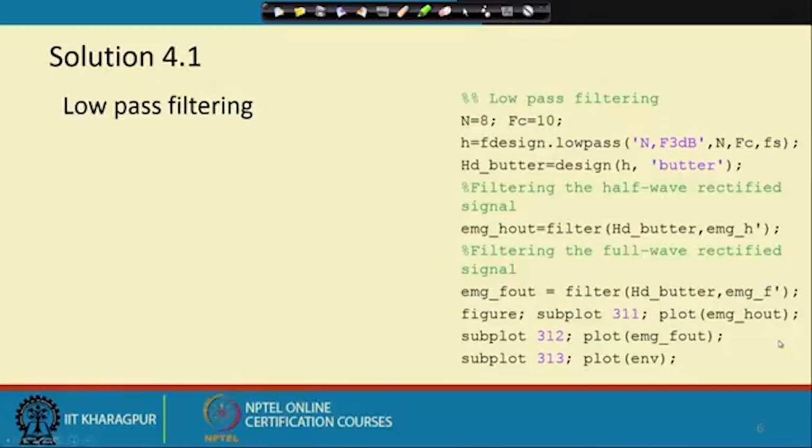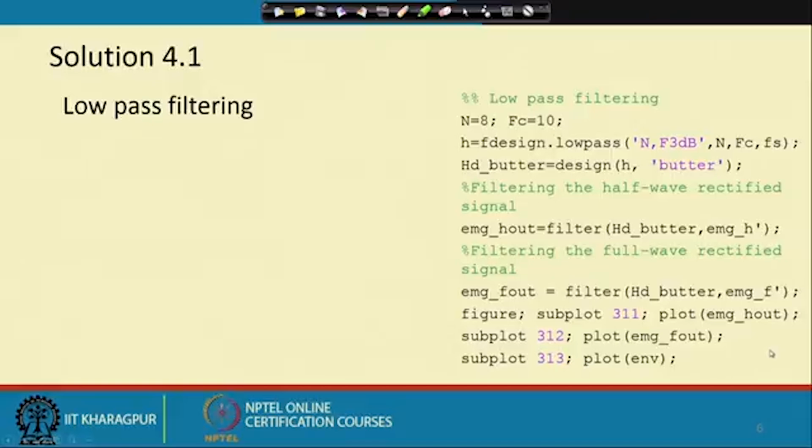So, we go for the next step, that is the low pass filtering. What is the purpose of this low pass filtering? After the rectification, we would get a jagged signal, or we can say a lot of ripple along with the DC signal.